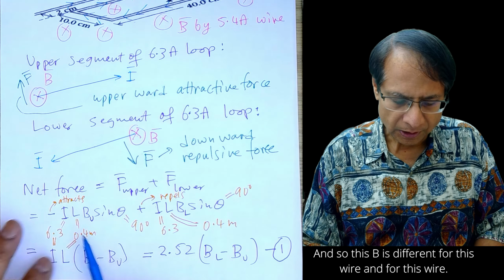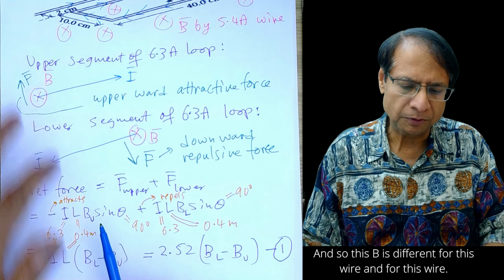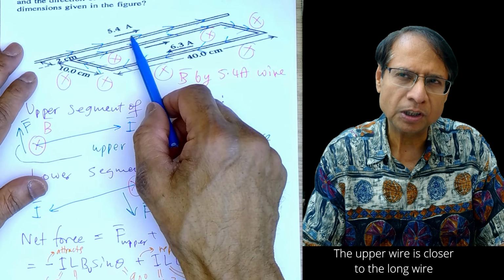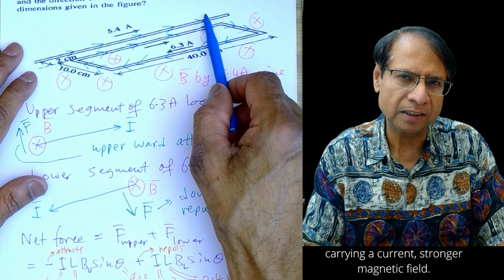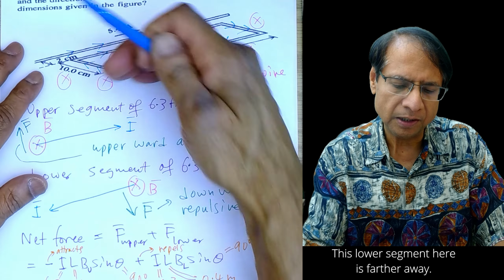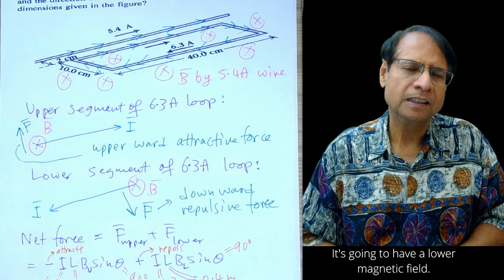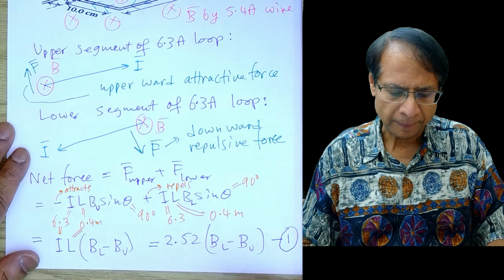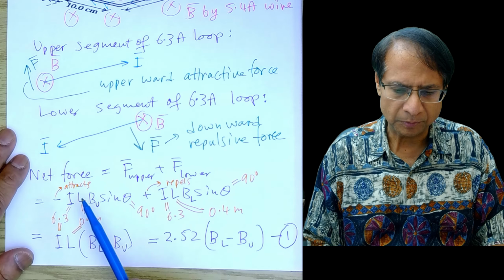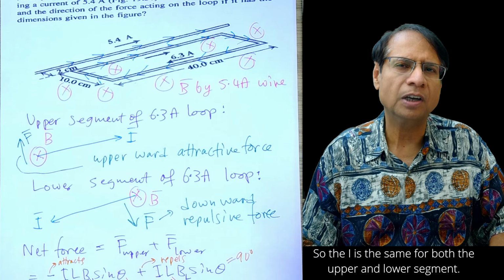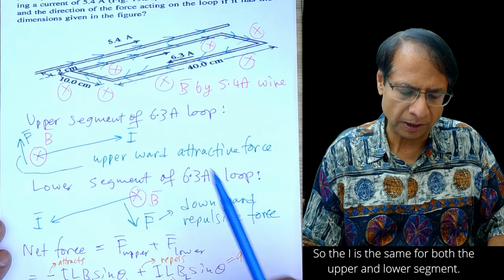And this B is different for this wire and for this wire. The upper wire is closer to the long wire carrying a current, so a stronger magnetic field. This lower segment is farther away, so it's going to have a lower magnetic field. So the magnetic field will be different. The I is the same. You have the 6.3 amperes going around the rectangle, so the I is the same for both our upper and lower segment.